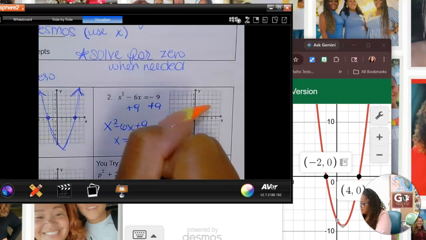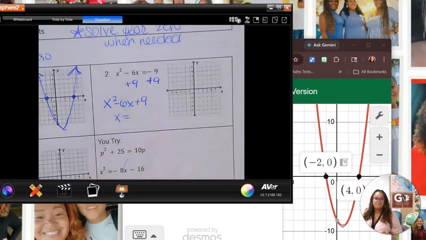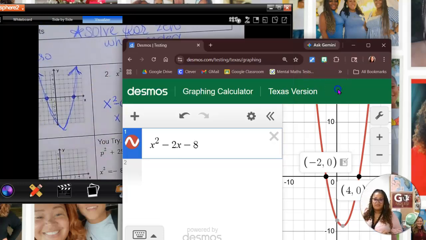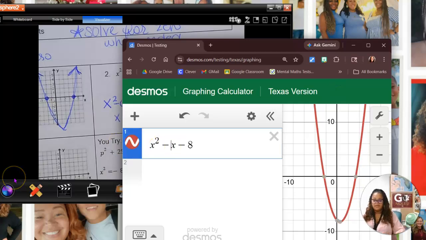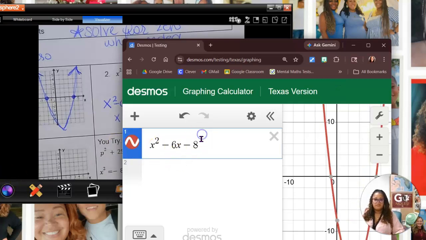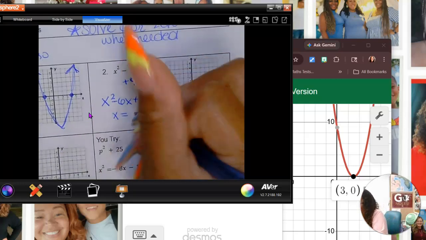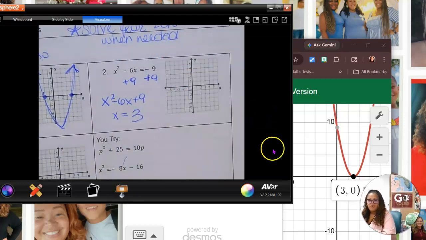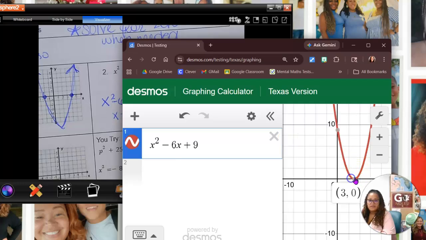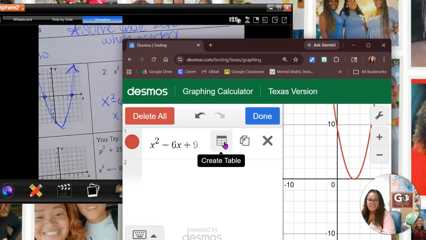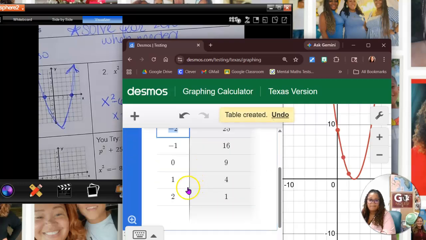Now I need to type this into Desmos. X squared minus 6x plus 9. There's only one solution here, and it is 3. X equals 3. Now if I want to graph it, I can look at some other points here, like clicking on the gear and then going to the table.